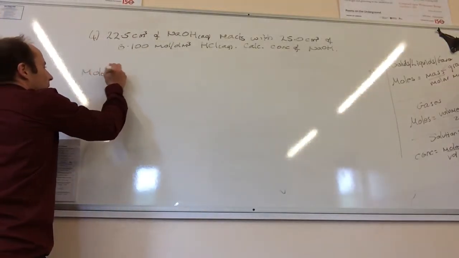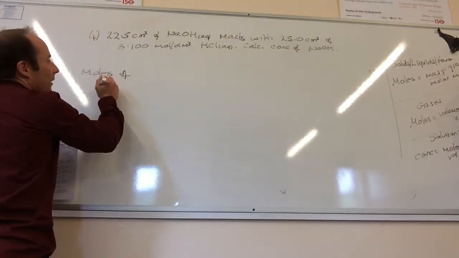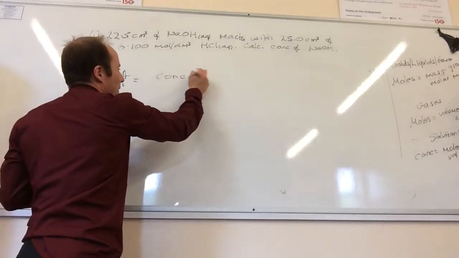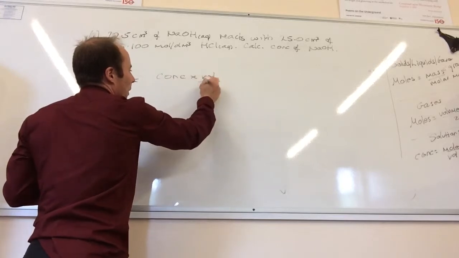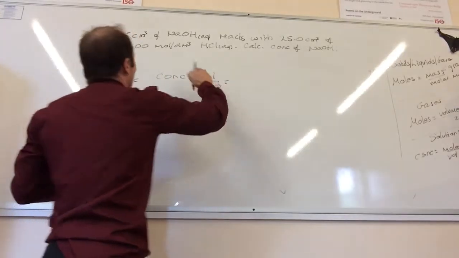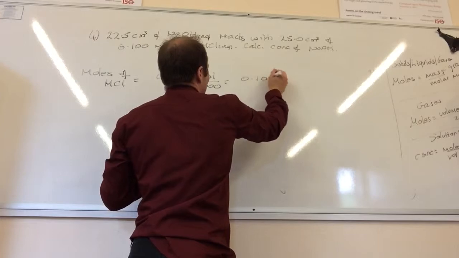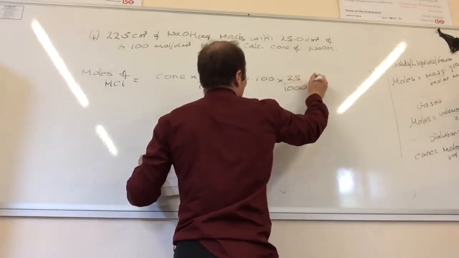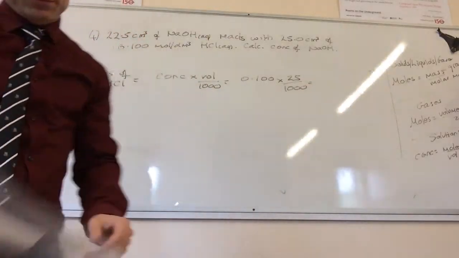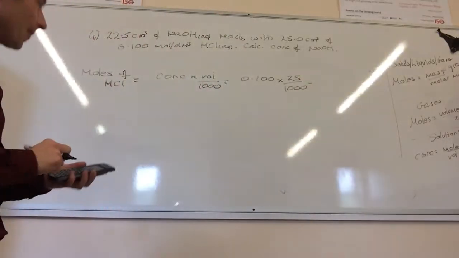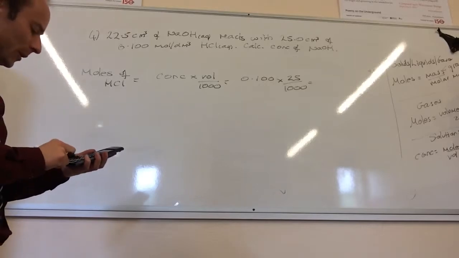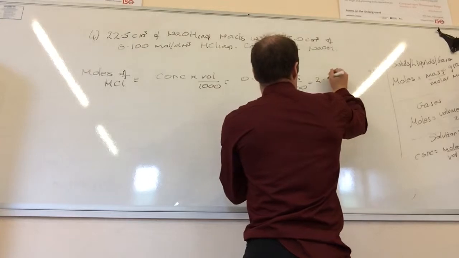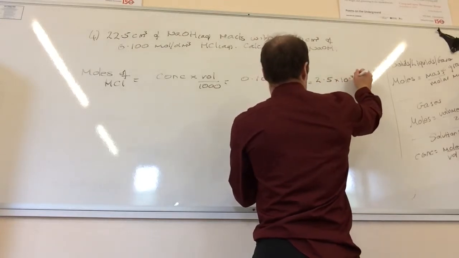You can always find the moles of something. So I'm going to find the moles of HCl, which is concentration times volume over 1,000. Concentration is 0.100. The volume is 25 over 1,000. So let's do that. 0.1 times 25 divided by 1,000 equals 2.5 times 10 to the minus 3.